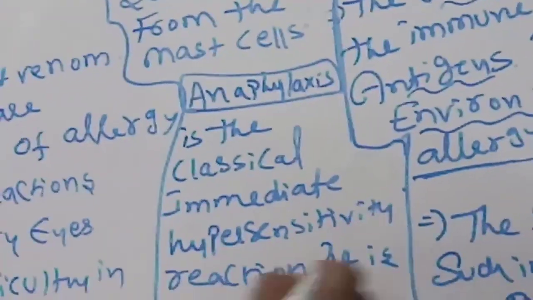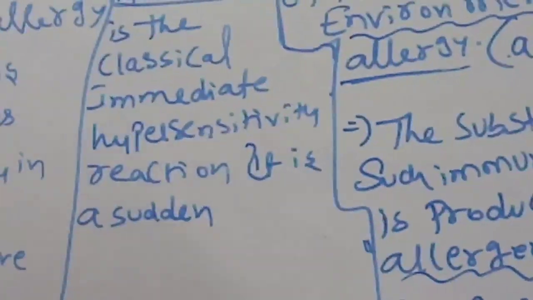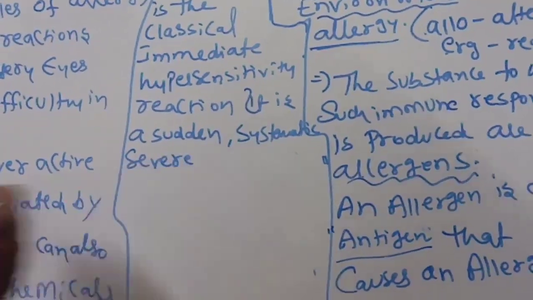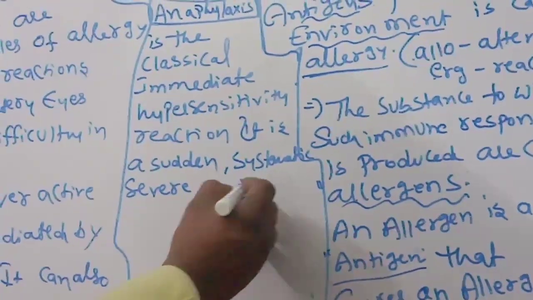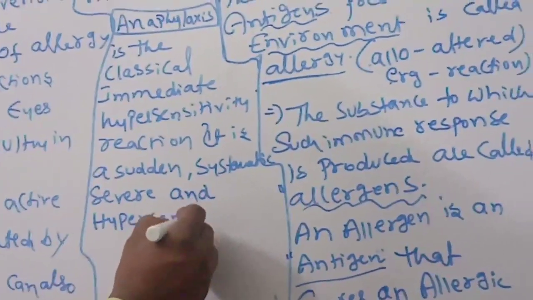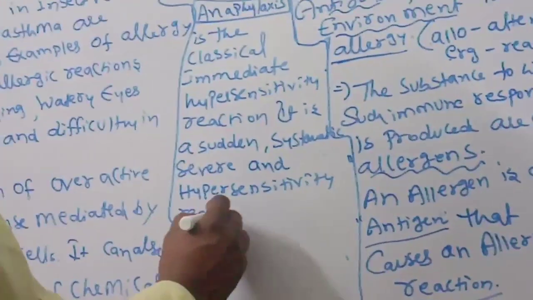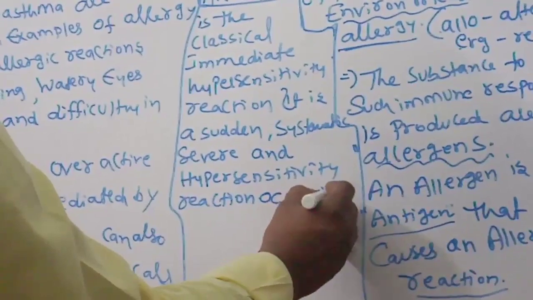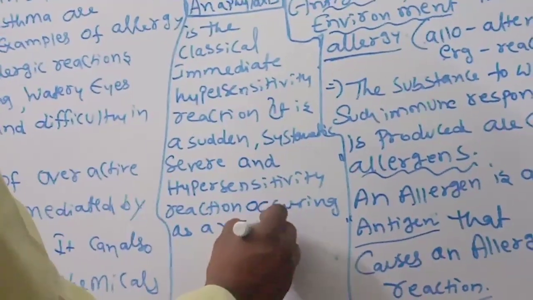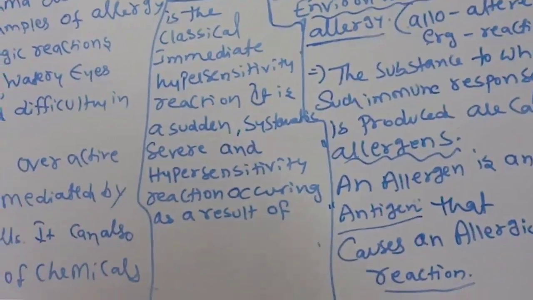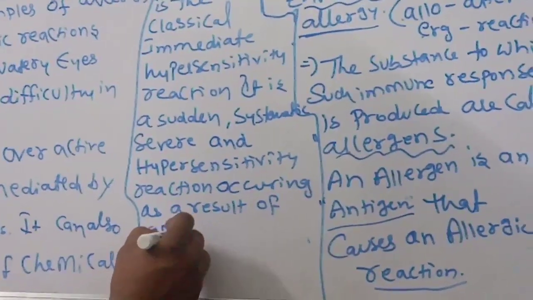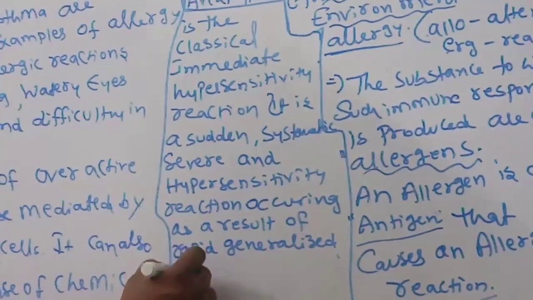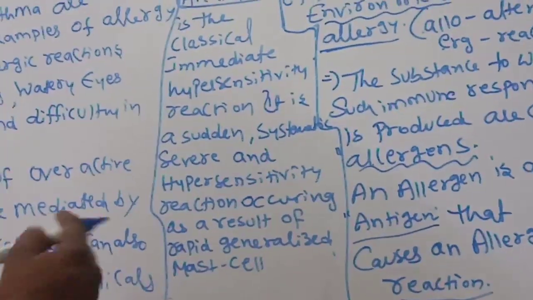It is a sudden, very dangerous, systemic, severe and immediate hypersensitivity reaction occurring as a result of rapid generalized mast cell degranulation.